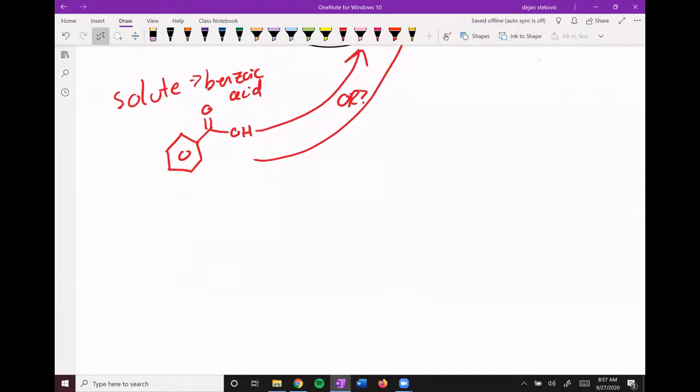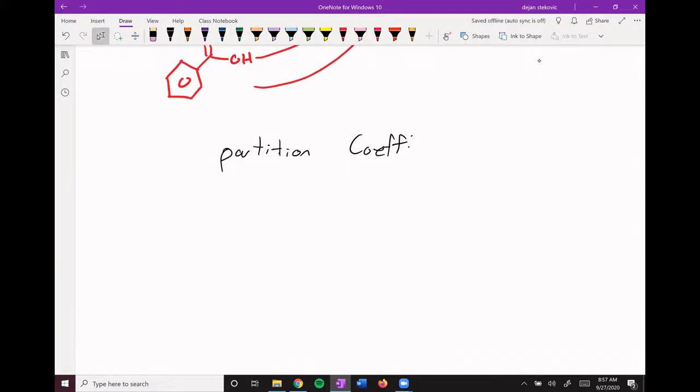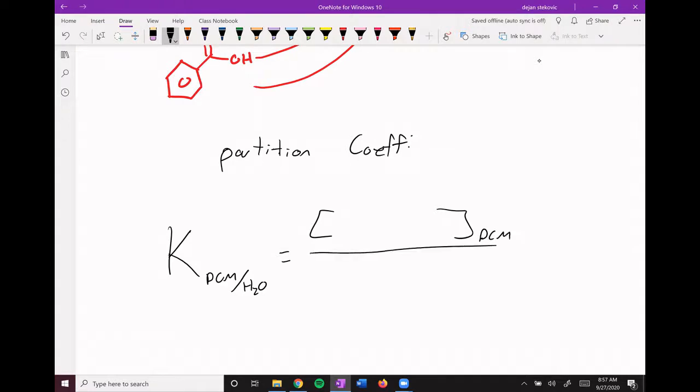So if we think about which one it's going to go more in, this is something called the partition coefficient. And so it's an equilibrium, so it gets a K. And we're going to compare how much of it goes into the DCM versus how much goes into the water. And so this is going to be equal to the concentration of the benzoic acid in the DCM over the concentration of the benzoic acid in the water.